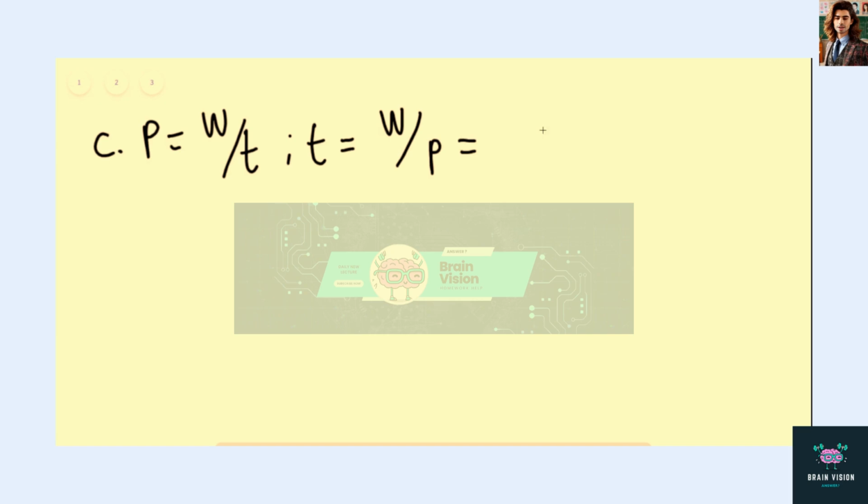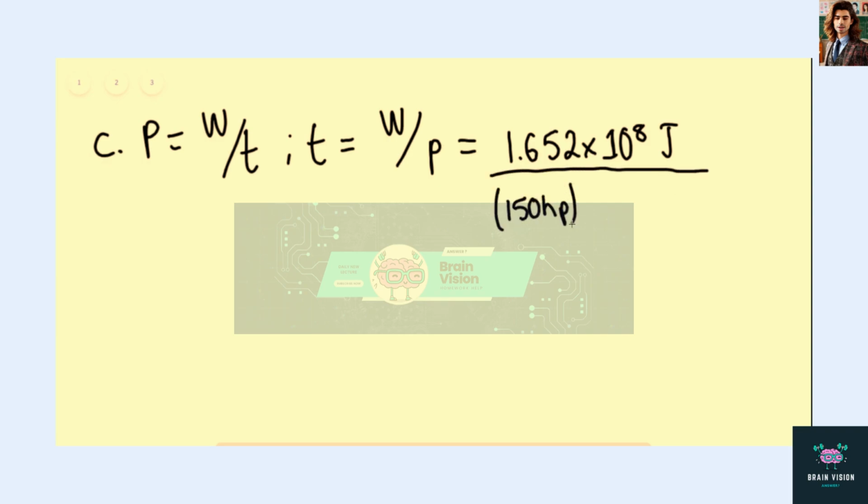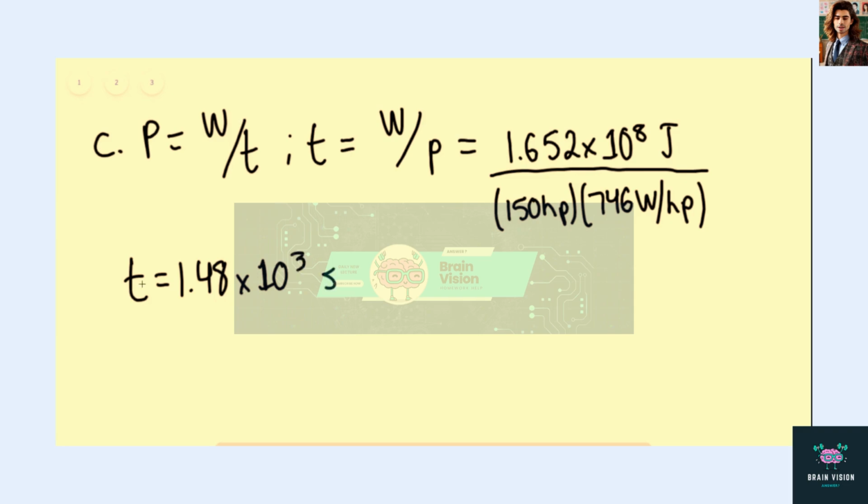And so this is equal to the work done by the motor, which is equal to the kinetic energy of the flywheel, again 1.652 times 10 to the 8th joules, divided by 150 horsepower. And then there are 746 watts for every 1 horsepower. And so t is equal to 1.48 times 10 to the 3rd seconds. This would be your answer for part C.